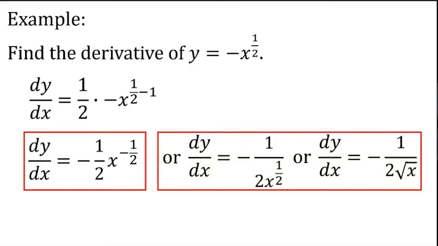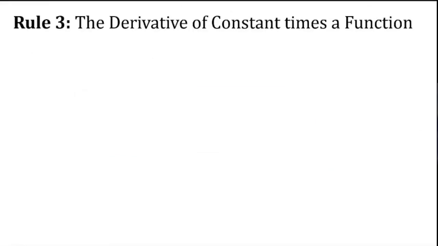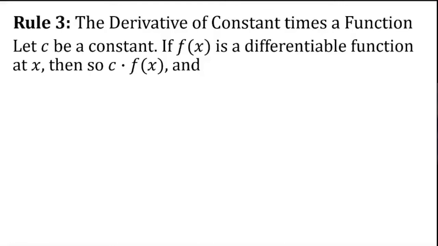So let us proceed to the third rule, the derivative of constant times a function. So it is actually similar to rule number 2. In this case, there is a coefficient. So let c be a constant.